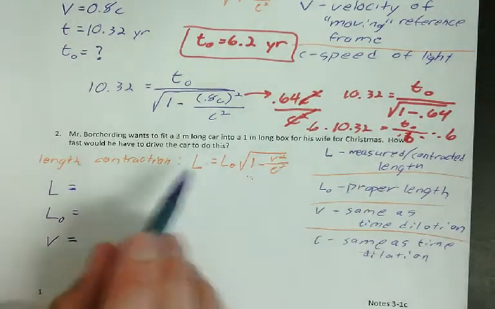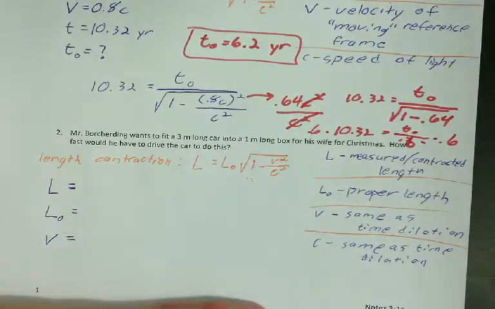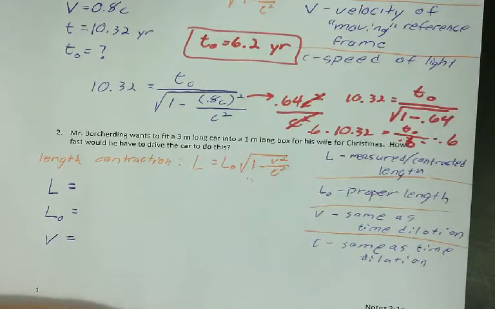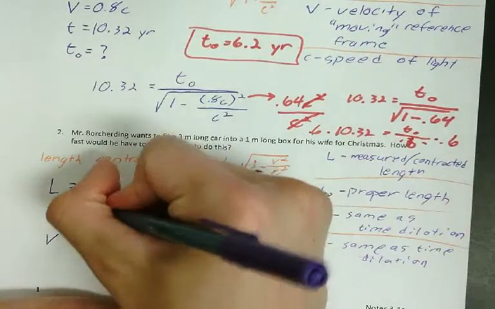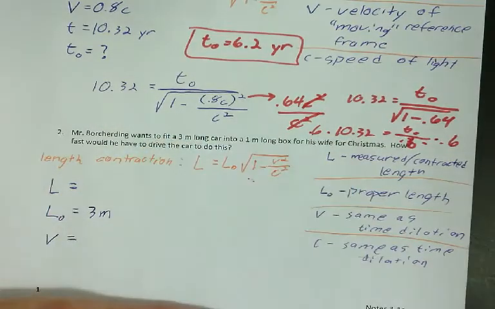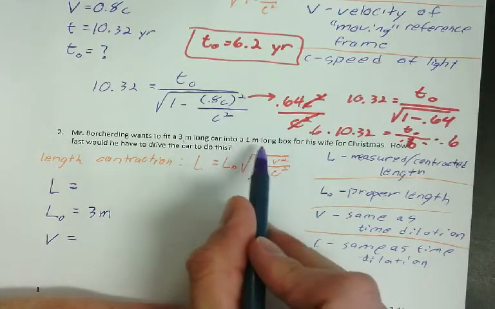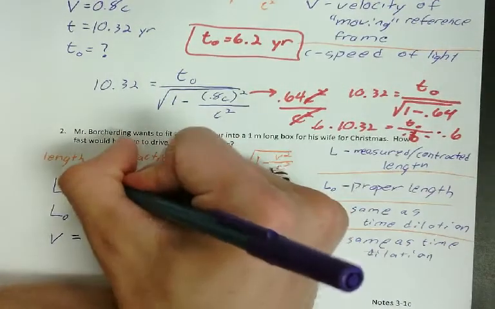And then V is the velocity of said reference frame. So the car is what's moving, so the car is my reference frame. Which length, 3 or 1, is going to be measured by a person in the reference frame with the car? 3. A person standing next to the car, moving with it, will measure it to be 3 meters long. Someone on the outside is going to see it to be 1 meter long because they're going to see length contraction.